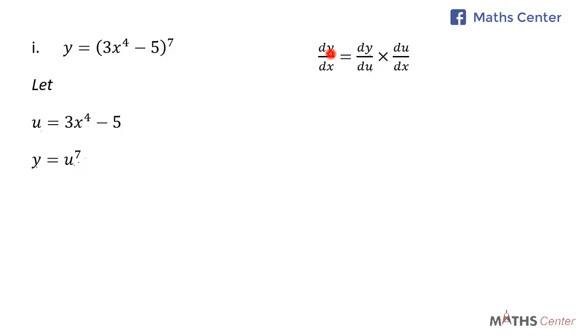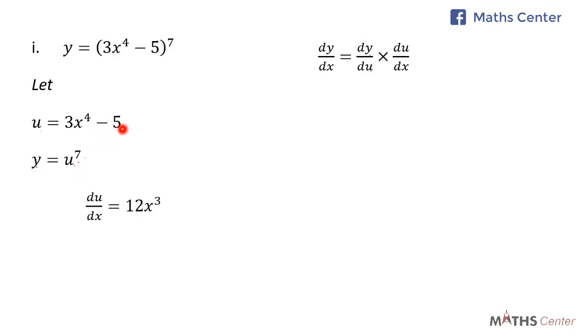Our chain rule says that dy/dx is equal to dy/du times du/dx. So we have to differentiate y with respect to u, and then differentiate u with respect to x. Let's start with differentiating u with respect to x. We differentiate each term. The first one is 3x^4. We have learned that 4 will drop and multiply, and then the exponent 4 will reduce by 1, and that gives us 12x^3.